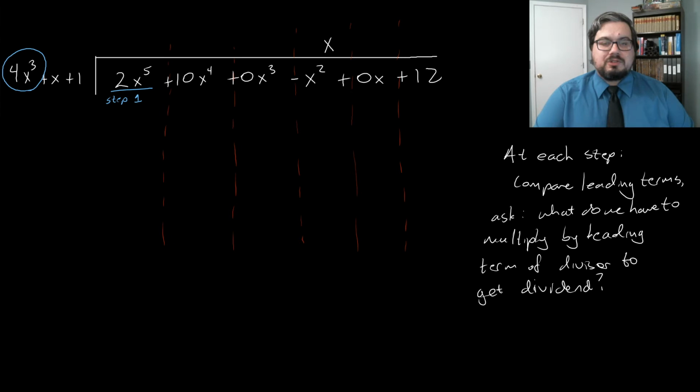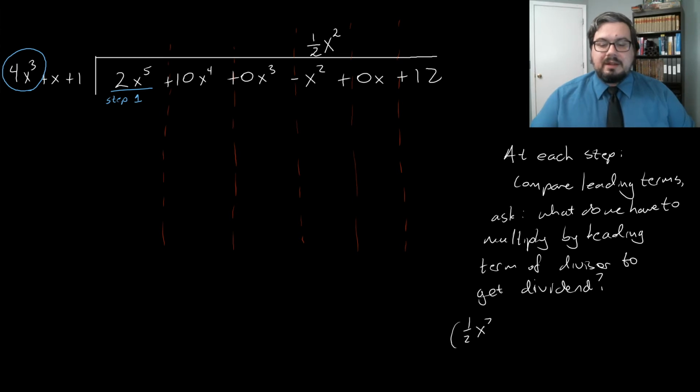So the first term in our quotient up here is going to be an x squared. But that's just looking at the powers. Next, we have to look at the coefficients. Next, we ask, all right, what do we have to multiply by 4 in order to get 2? Or, in other words, what's 2 divided by 4? 2 divided by 4 is 1/2.